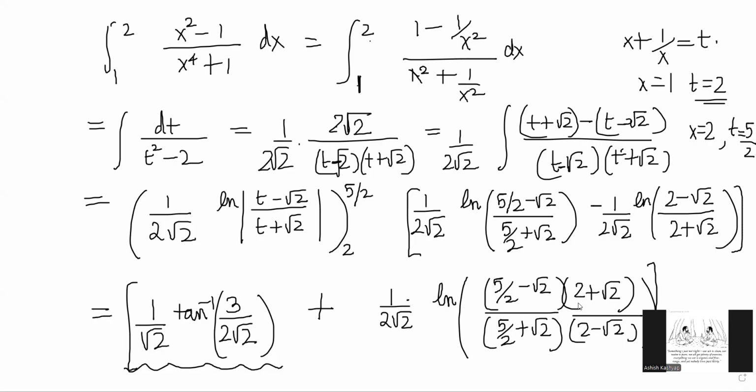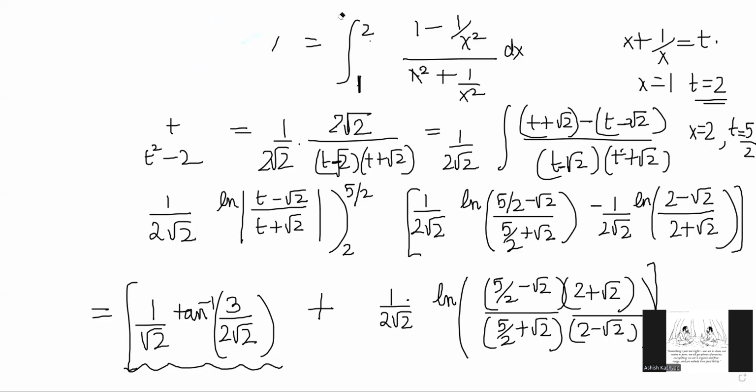2 tan inverse 4 minus pi by 4. So first I have to add these two. So I might as well take a 1 by root 2 common here. Notice that if you take a 1 by root 2 common, the whole expression is starting to resemble the expression given in the question.